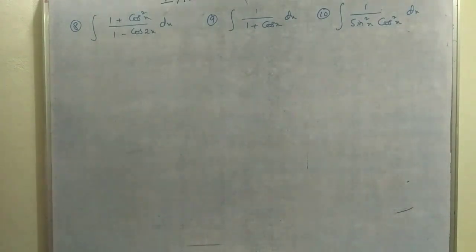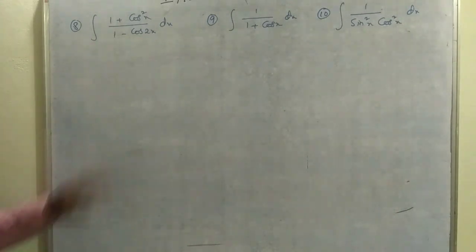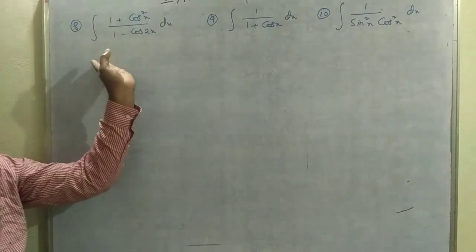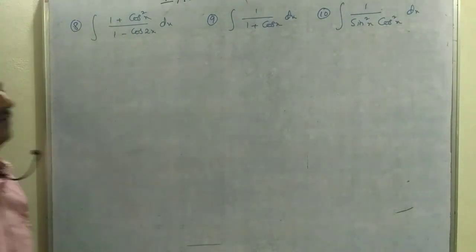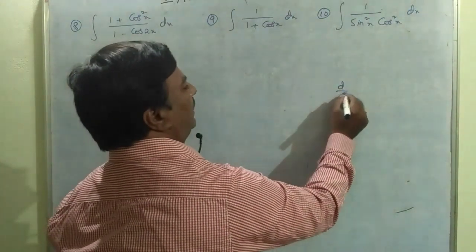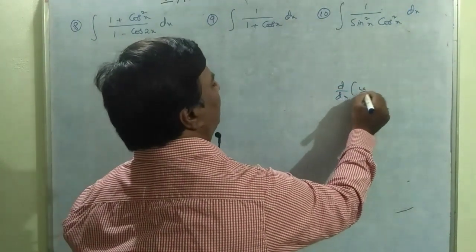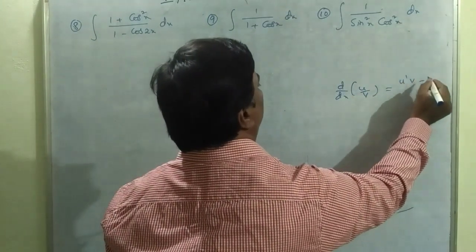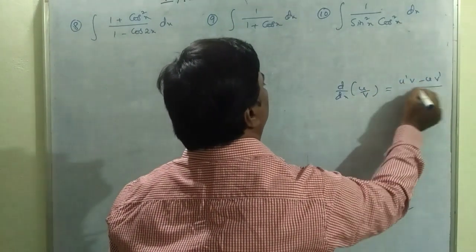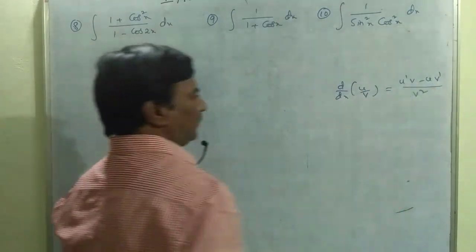Next question: integral of 1 plus cos square x divided by 1 minus cos 2x. In derivatives, we have the formula for u by v: dy dx of u by v is u dash v minus u v dash divided by v square.